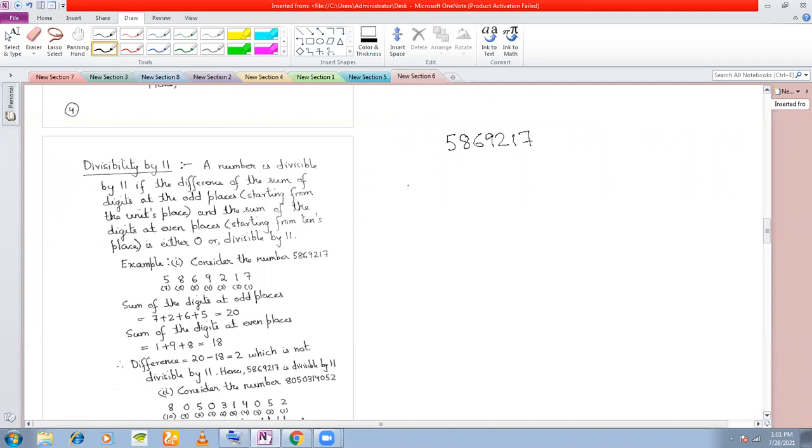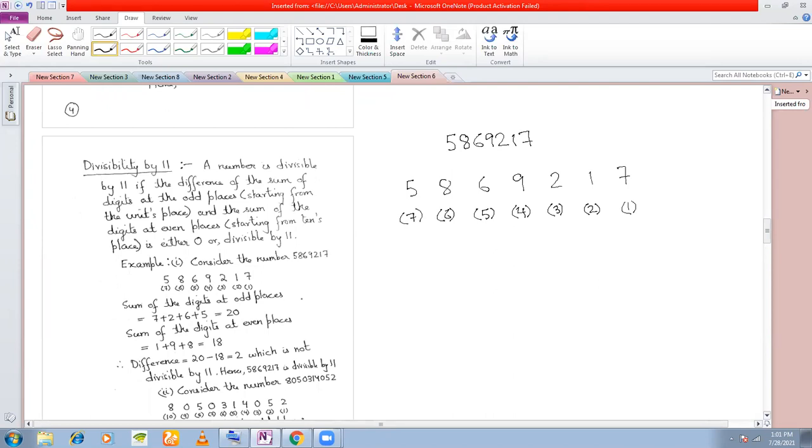Okay. Now, here, these are the digits, right? Starting from the right hand side, start labeling. This is the first position, second position, third, fourth, fifth, sixth, seventh.